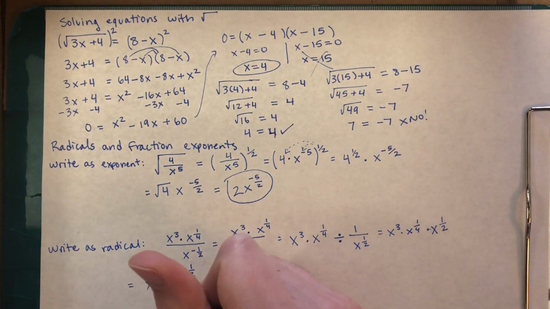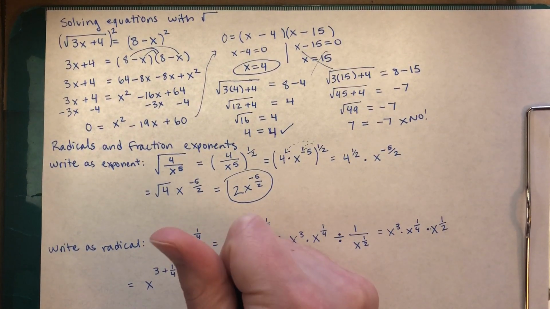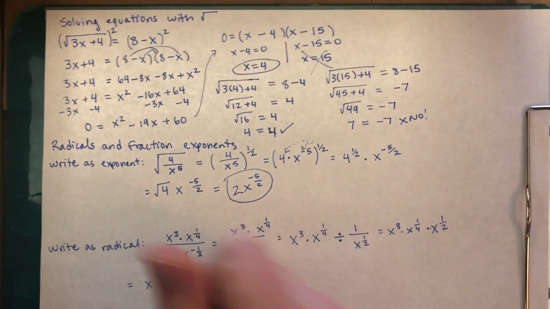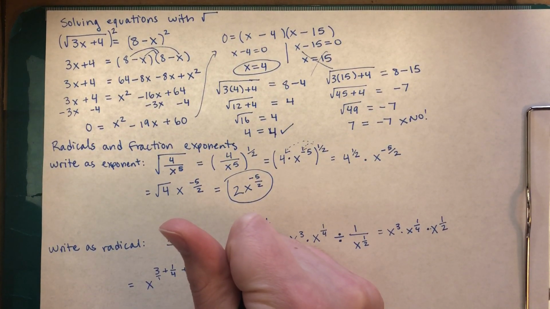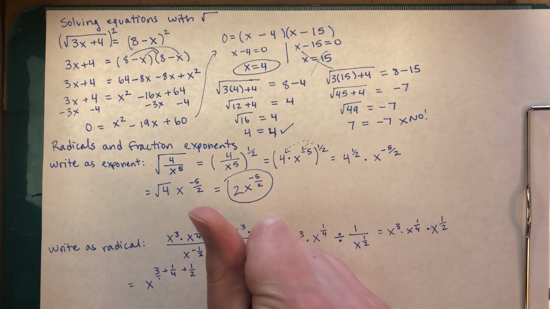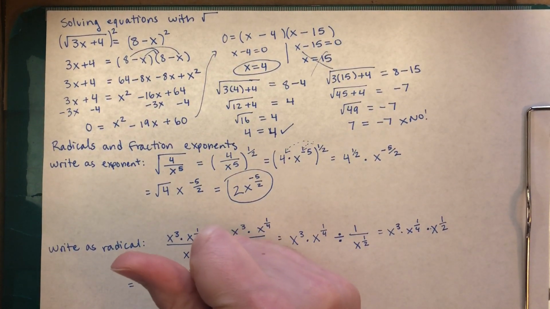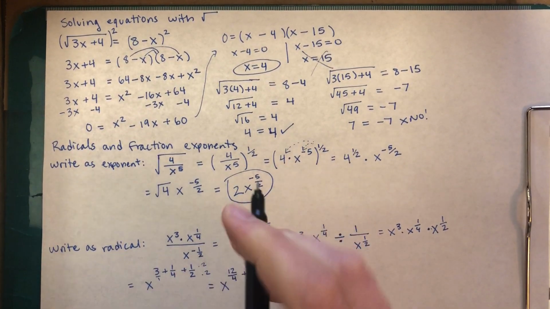To do that, I'm going to get a common denominator. So I can put 3 over 1 and multiply the top and the bottom by 4. That's 12 over 4 plus 1 over 4 plus 2 over 4.